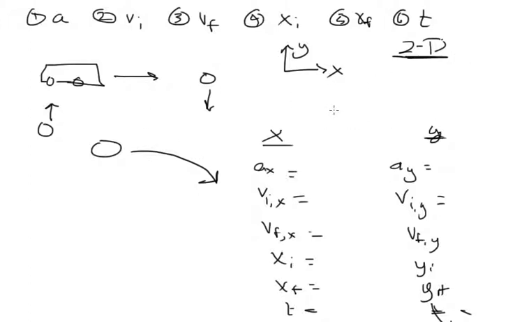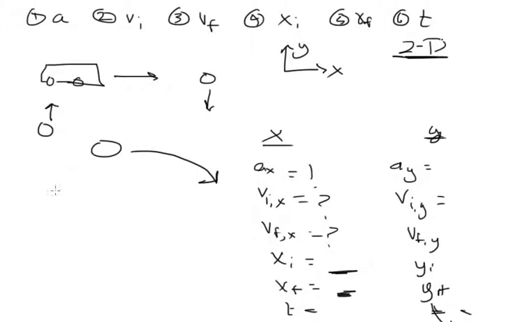So what are we going to do for every single kinematics problem in 2 dimensions? We're going to write down these 12 things, put question marks next to things we don't know, and put in numbers next to things we know, and then use our kinematics equations for these. So the strategy is, write down all your variables, and when we use our kinematics equations, we're going to do them separately for x and y.